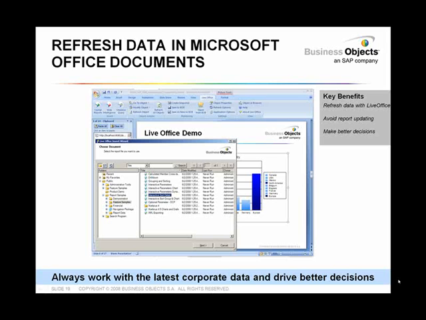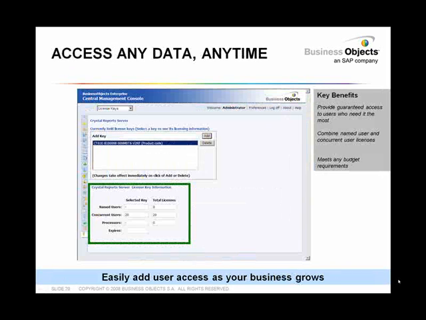You can also then take that reporting data and you can embed that in Microsoft Office documents using a piece of functionality we call Live Office. That gives you the ability to make sure you're always working with the latest corporate data, and that of course gives you the ability to drive better decisions. And of course you can access any data that you've got set up anytime.